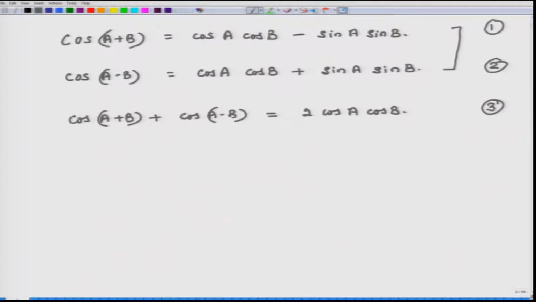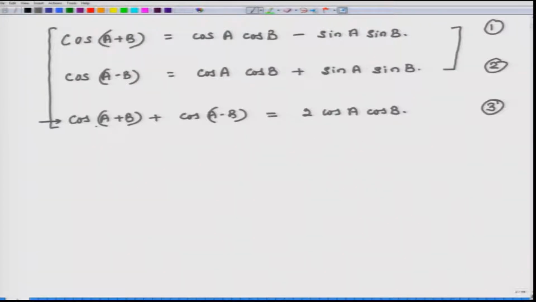So, we know how we get equation 3 from equations 1 and 2, and we will look at this third equation carefully and figure out what is happening with beats by understanding this equation in detail. So, what is A?